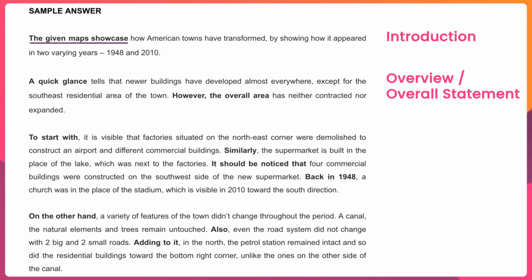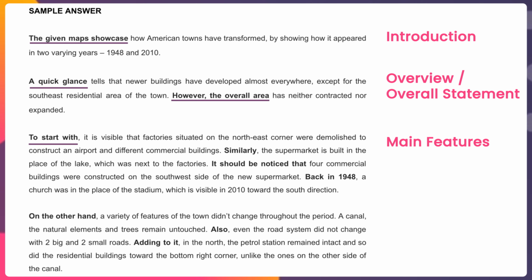The overall statement starts with a very nice phrase: a quick glance tells that newer buildings have developed almost everywhere except for the southeast residential area of the town, which is an exception. However, the overall area has neither contracted nor expanded. So this says that the overall area or region is the same over the time period.